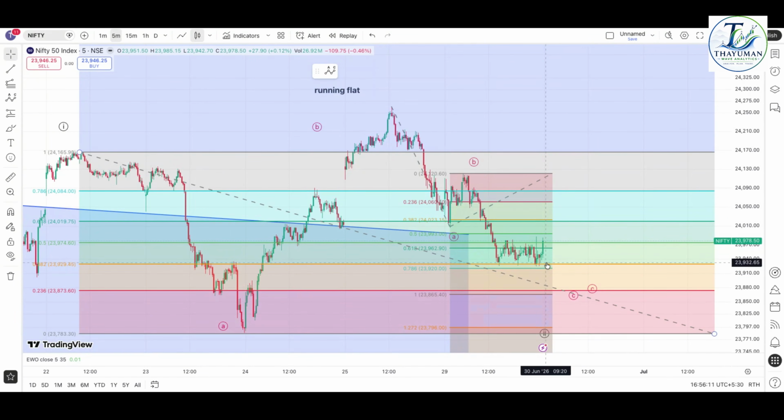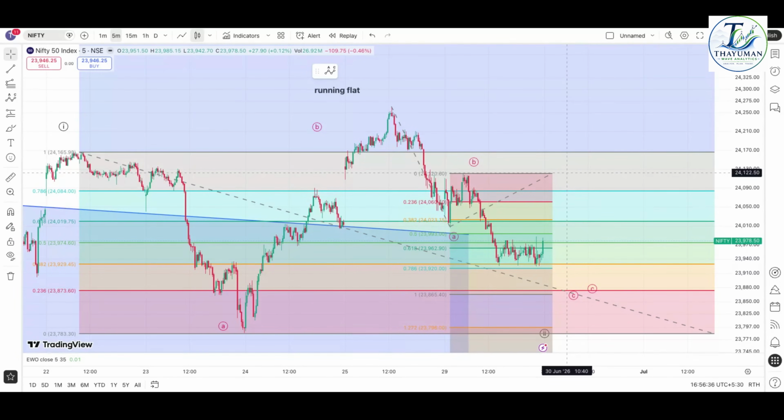So in my opinion, if this B2C is not over, and for example this is 1, 2, 3, and 4 is done, then 5 could come. In that case there could be a gap down, and then it will slowly come and finish here, and then there could be a reversal.